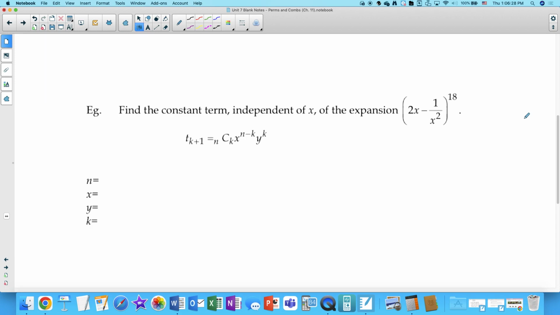Okay? If you think about it this way. For the first term, the exponent on here would be 18, and the exponent on here would be 0. So we're going to have an x to the 18 in the first term. Does that make sense? In the second term, this will be x to the 17, but this will be over x squared.